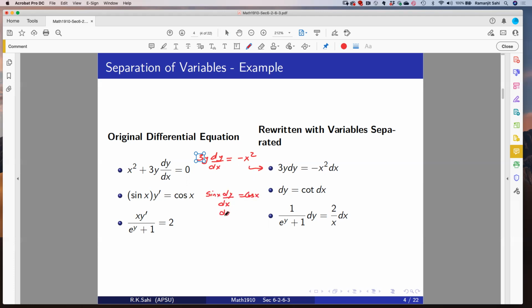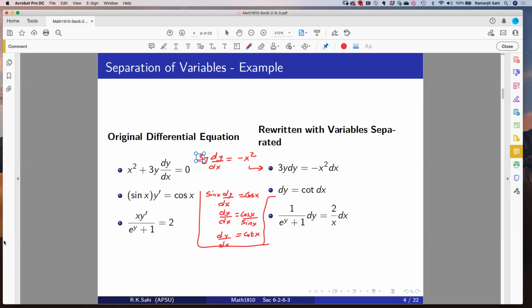So we get dy/dx equals cosine x over sine x, and we know cosine x over sine x is nothing but cotangent x. Thus, our new equation in variable separable form is dy equals cotangent x dx. Okay, that was the second example for a variable separable.